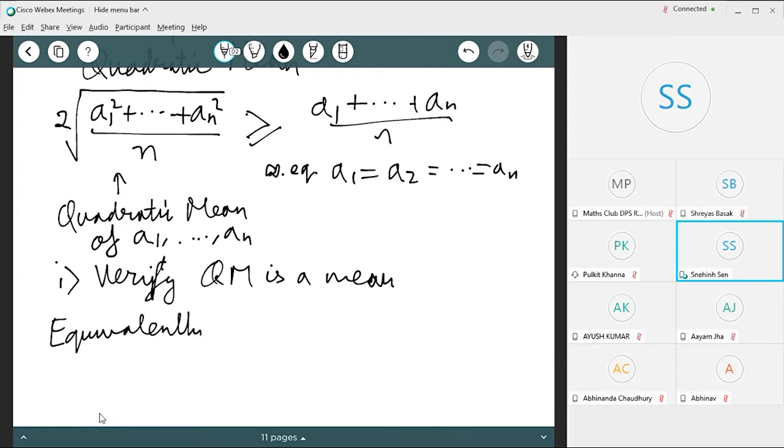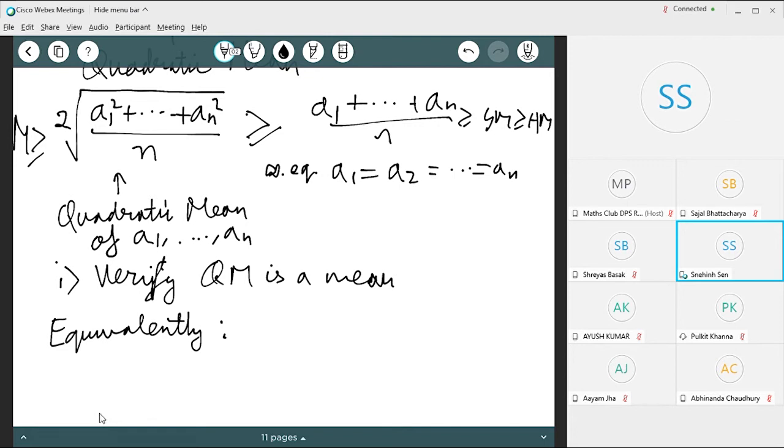As QM is greater than or equal to AM, it will also be greater than or equal to GM and HM. Exactly, so this whole chain would hold: this is greater than or equal to GM, which is greater than or equal to HM. We are adding one more element to the chain, and this is lesser than or equal to the maximum element of a1 to an. It's a very helpful inequality.